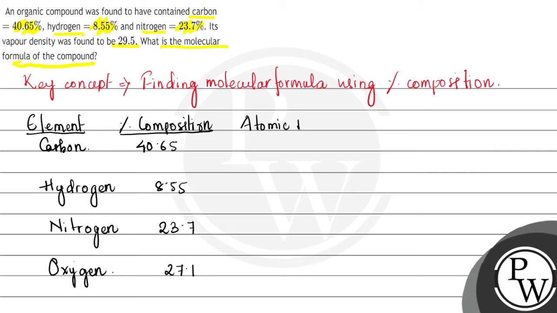To find out the atomic ratio, we have to divide the percentage composition by its atomic mass. So, for carbon, we divide 40.65 by 12, which is the atomic mass of carbon, which will be equal to 3.38. For hydrogen, we divide 8.55 by 1, which will be equal to 8.55.